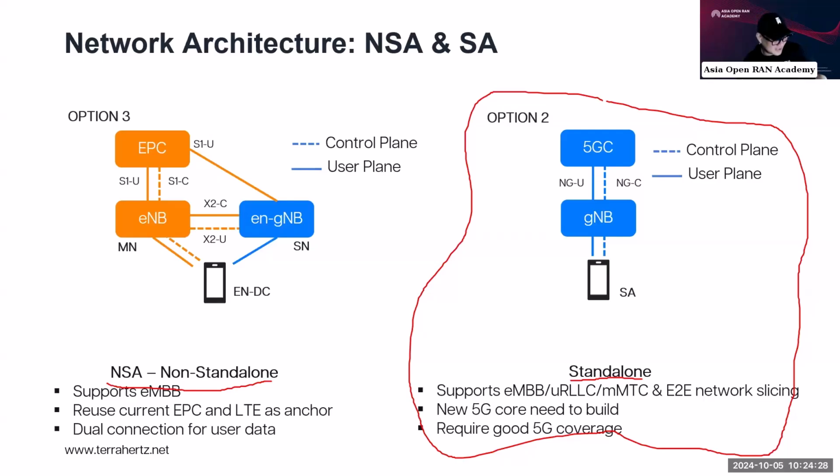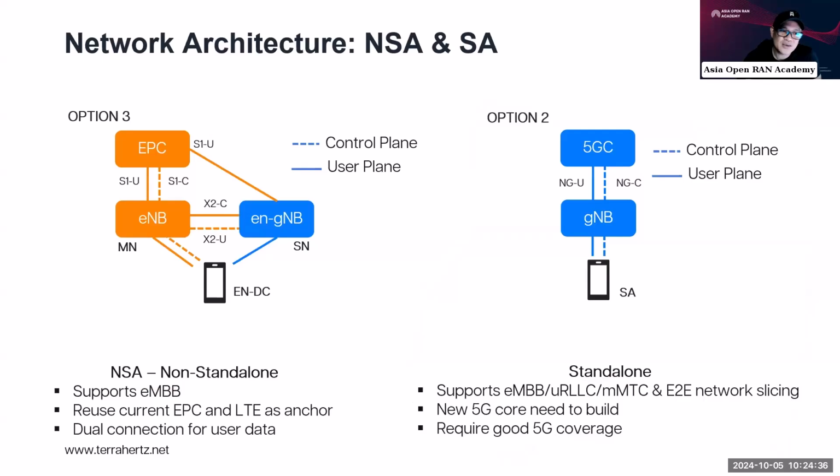But if you are non-standalone, what happens is that the UE must first connect to LTE, and the LTE is the control or the master node B that will ask the G node B to become a secondary node.